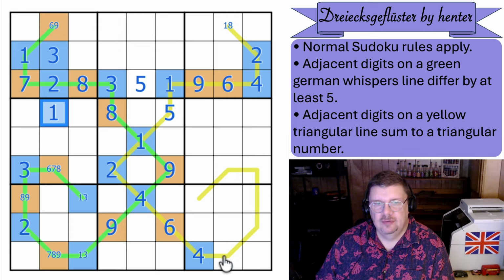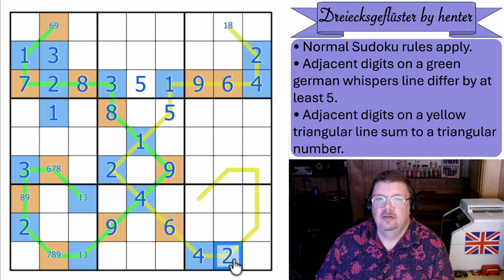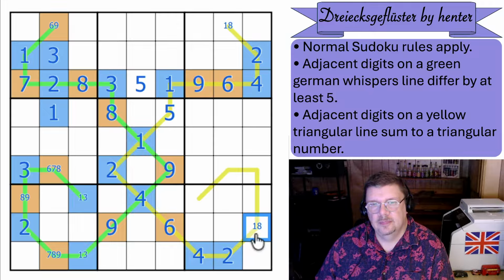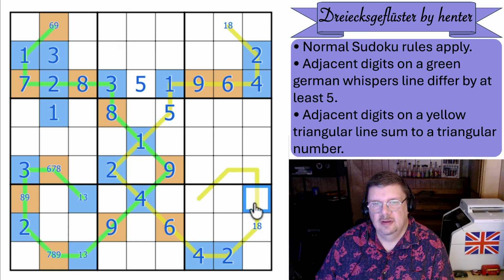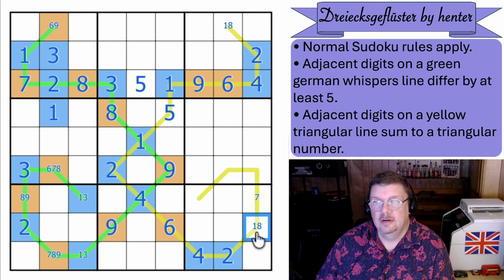Right, 4 goes with 6 or 2. It can't be a 6, so that's a 2. 2 goes with 1, which it could be, 4, which it can't be, or 8. So that's 1 or 8. 8 is more restricted, so 8 goes with 7 or 2, and obviously it can't be a 2, so it could be a 7. 1 goes with 2, which it can't be, 5, which it can't be because that would have to be a 1 or a 5, and 9.